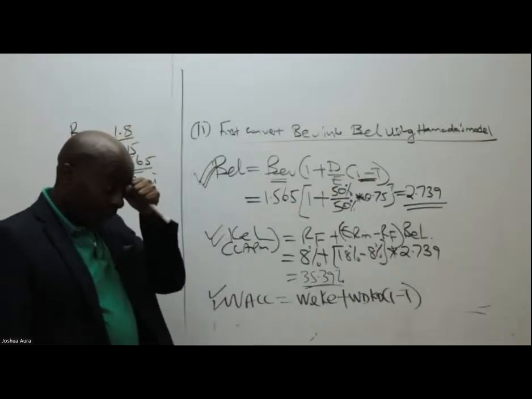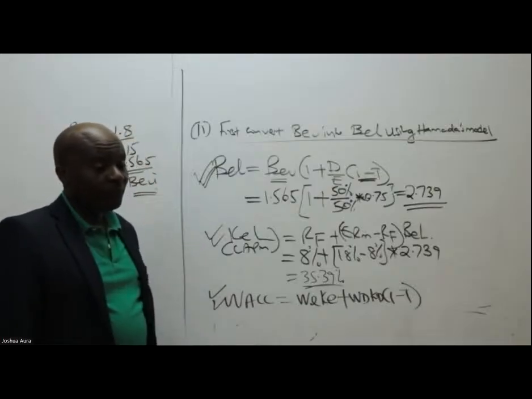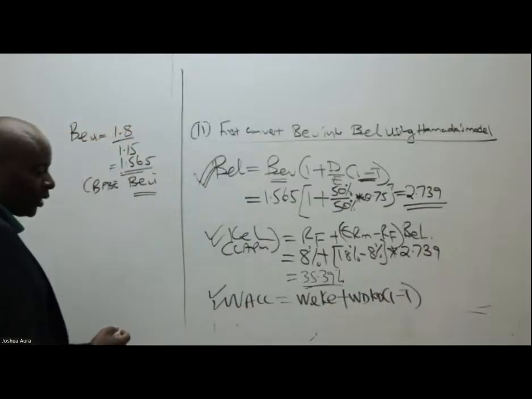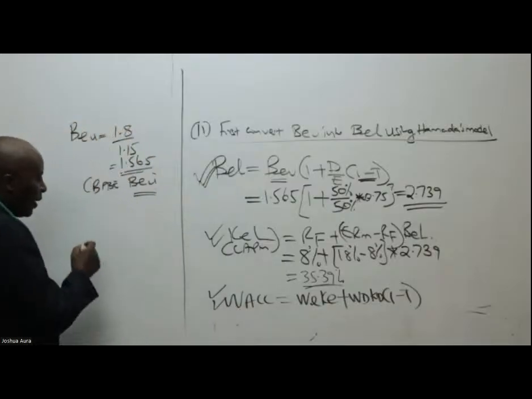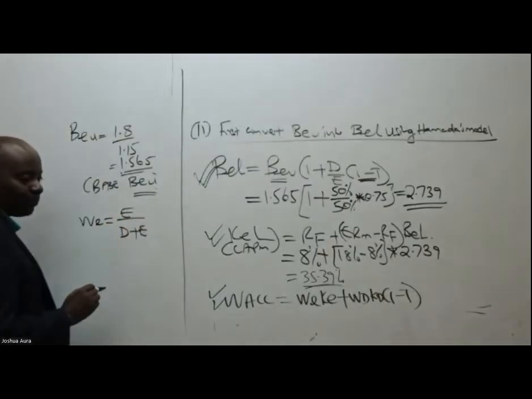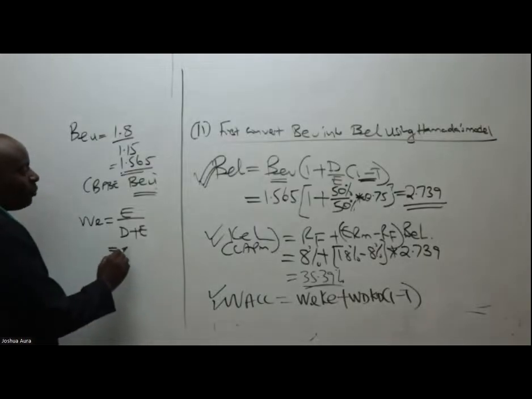Let's see. Or the weight of debt. So remember that the weight of equity really is 0.5. The weight of equity here will be the equity component over debt plus equity. The equity component, you gave me 50. It's 50-50.